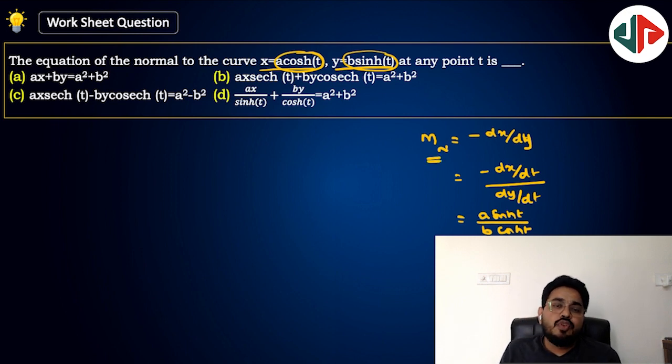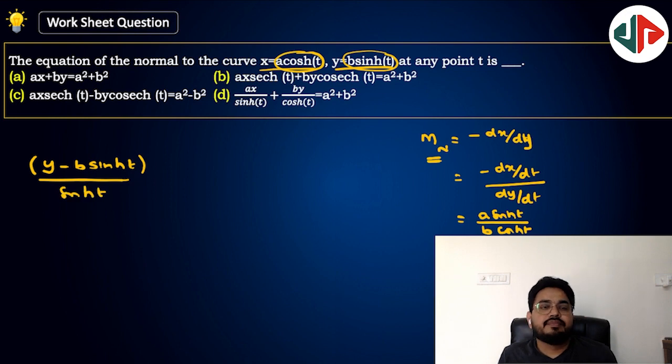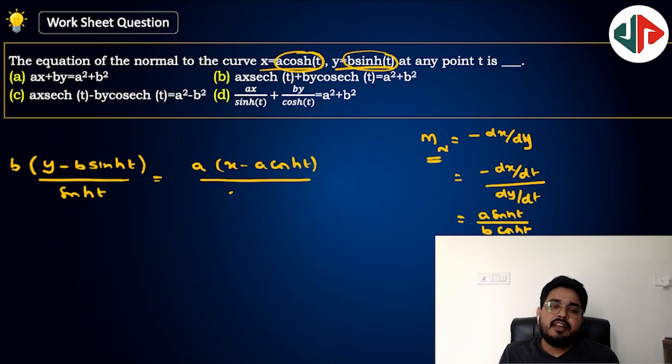Okay. So y minus b sinh t, into this value, right? Sinh t by b is equal to a into x minus a cosh t by cosh t.